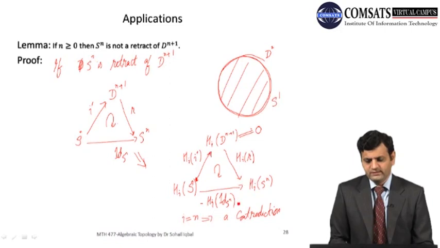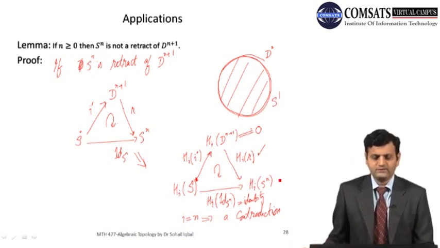Since this diagram should commute, we have this 0 map, because it goes to 0 and, this being a homomorphism, it will take 0 to 0. So this is the 0 map and this is the identity map, which is a contradiction, so we can say that Sn is not a retract of Dn plus 1.